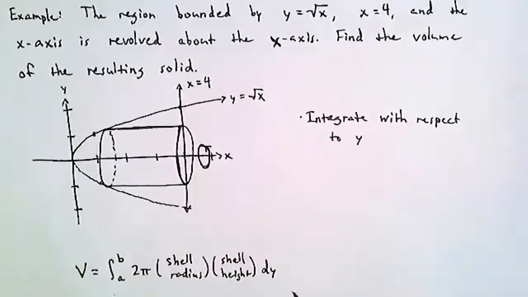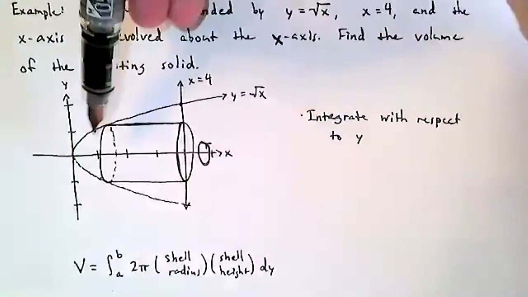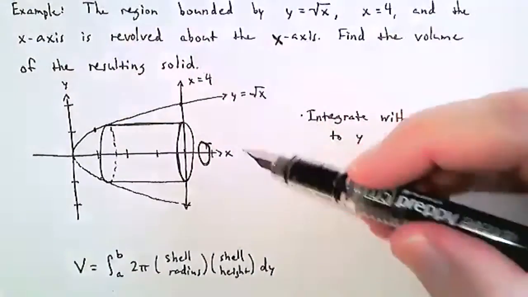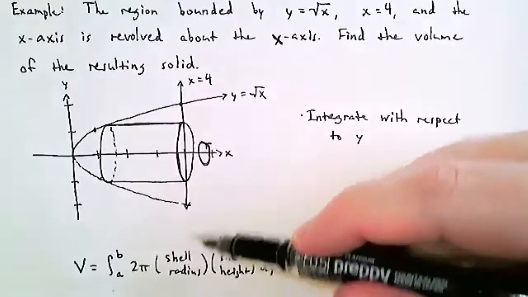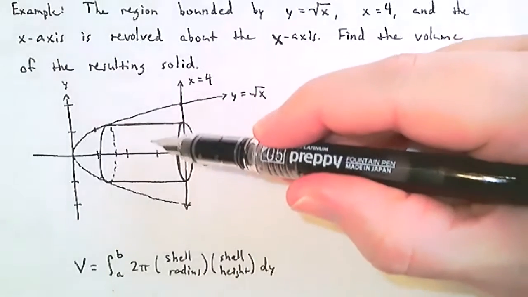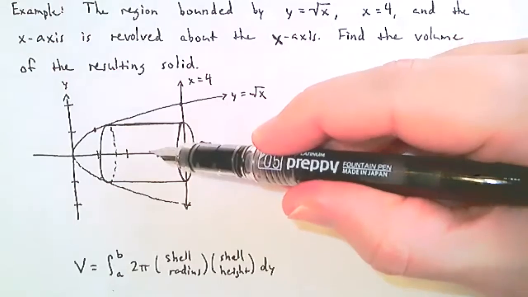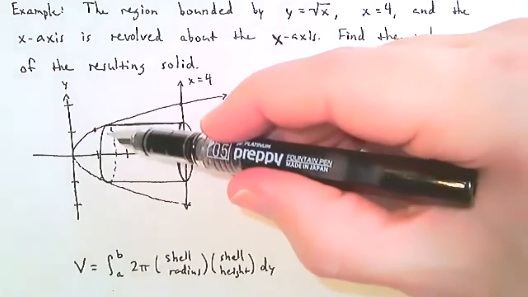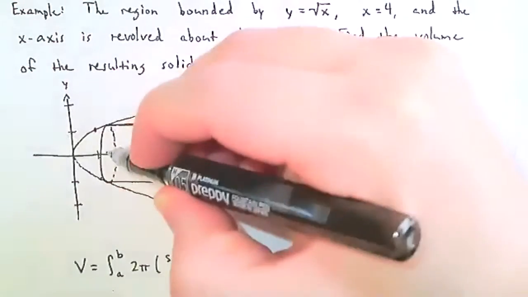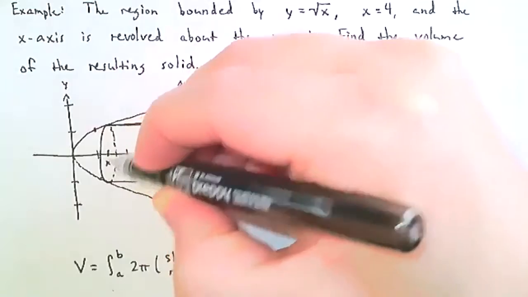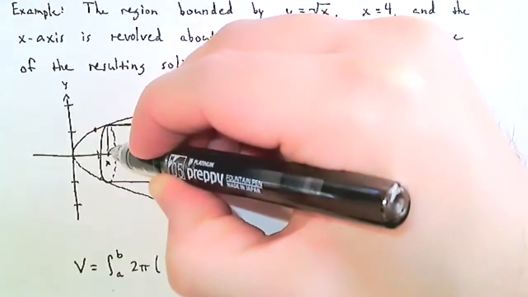But now we're integrating with respect to y, so I'll put a dy here. So the first thing to do, I guess, is to think about the radius. And the radius of my shell is going to be this way. So what's the radius of this particular shell that I drew? If I mark this as x, what is the radius?